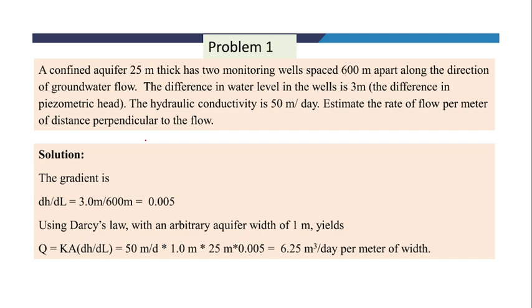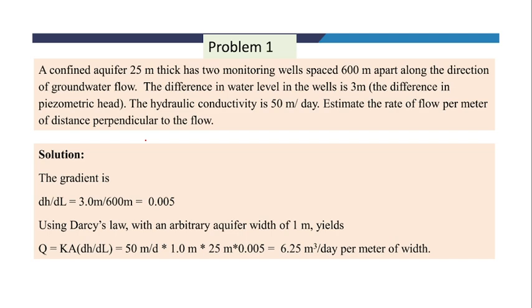A confined aquifer of 25-meter thickness has two monitoring wells spaced 600 meters apart along the direction of groundwater flow. The difference in water level in the wells is 3 meters. This is the difference in the piezometric head. And then the hydraulic conductivity is 50 meter per day.